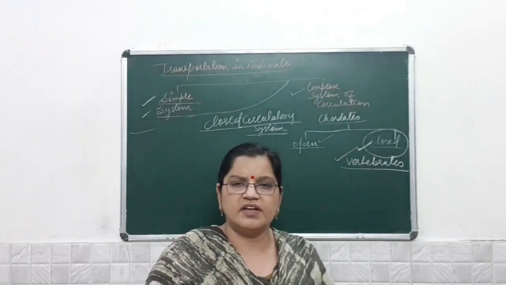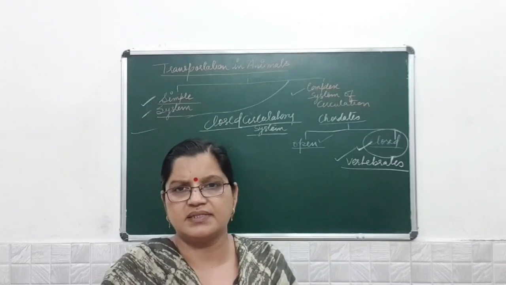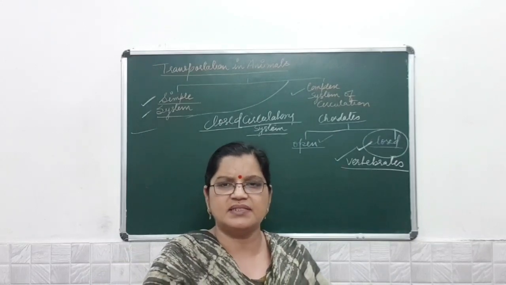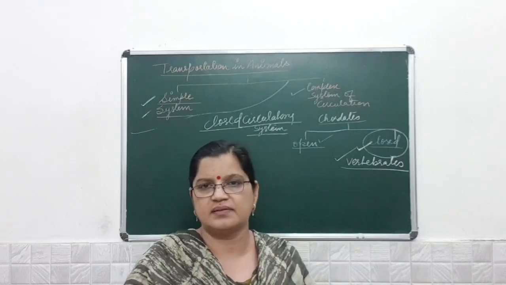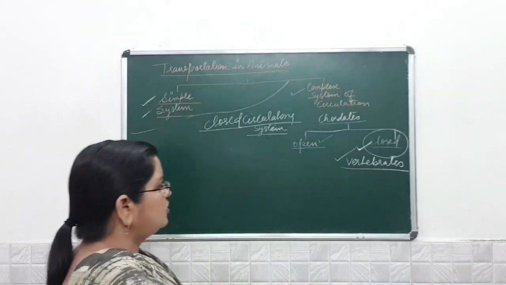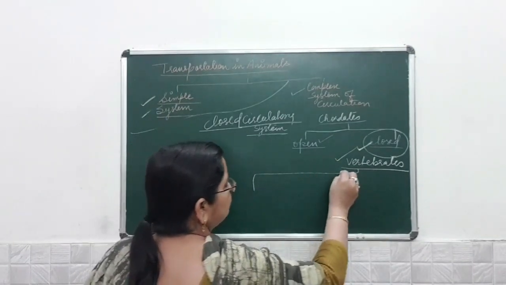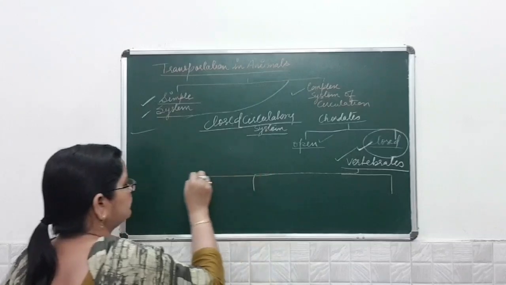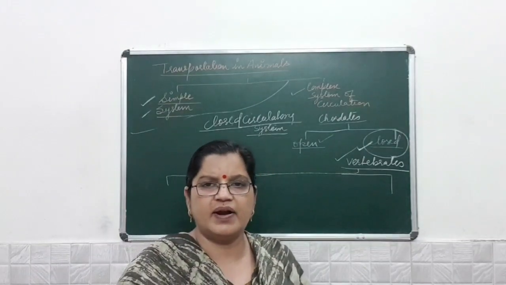There are different types of closed circulatory system and we can classify them on the basis of their complexities. Three types of closed circulatory system we have seen in different vertebrates.